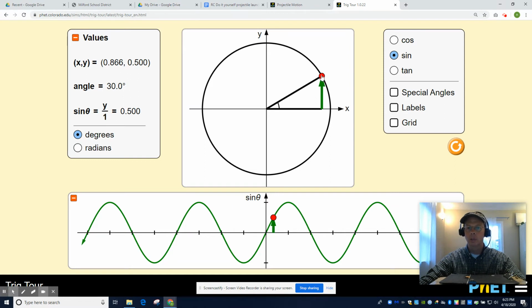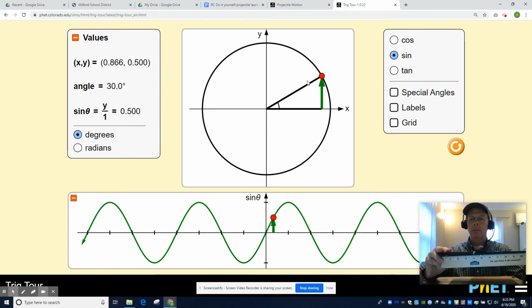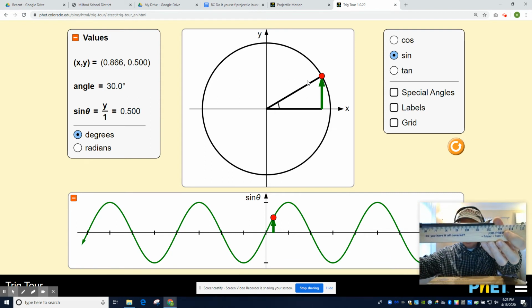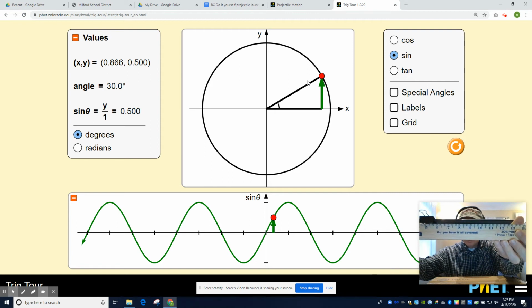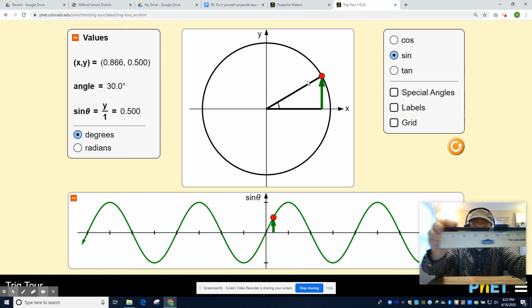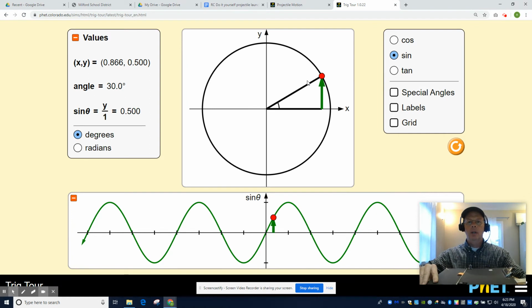They call this the unit circle. So my hypotenuse is my clipboard. It does not have a radius of 1. It has a radius of, let me see if I can get this on camera, about 13 inches. So roughly 13 inches. All right. So how do we dial in 30 degrees?